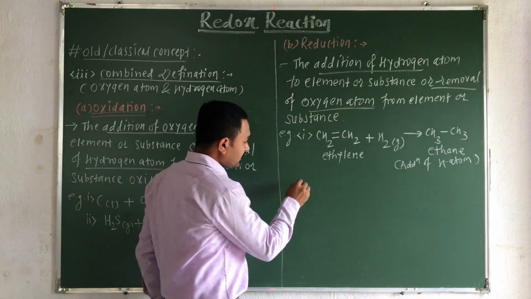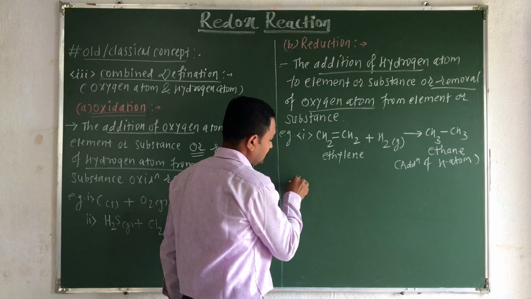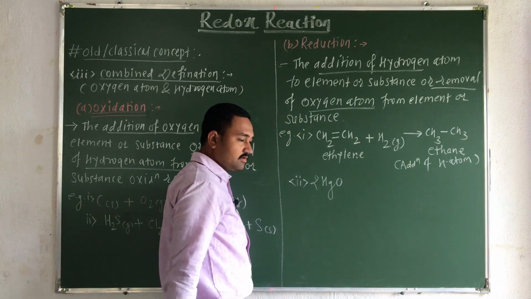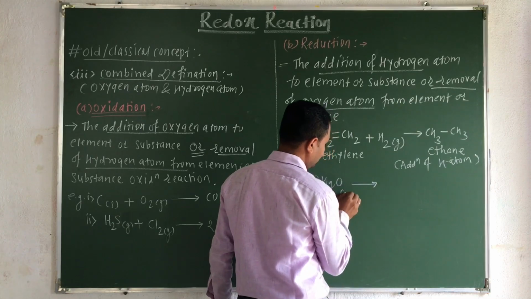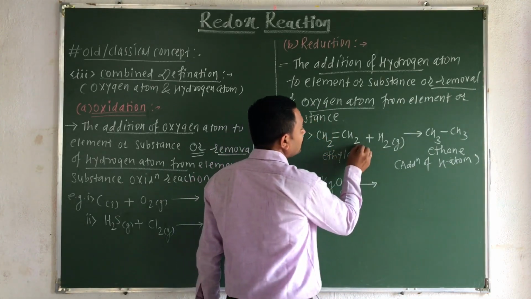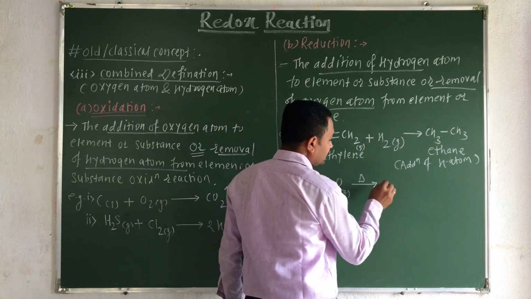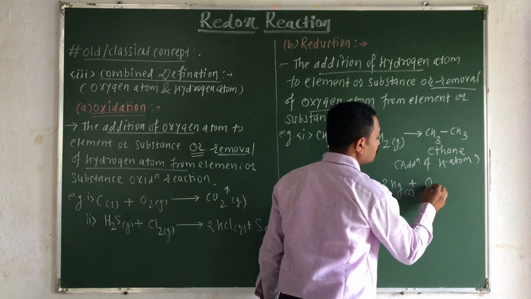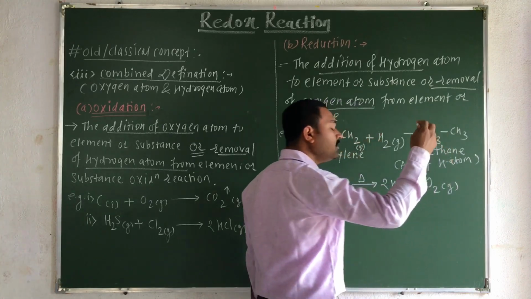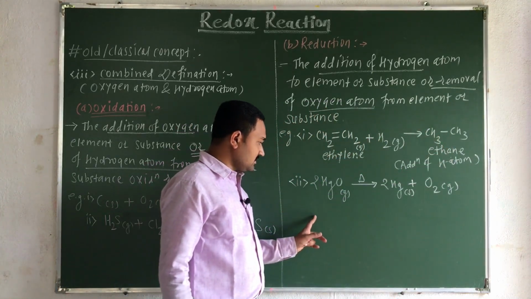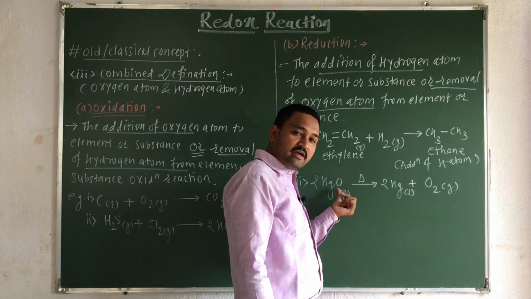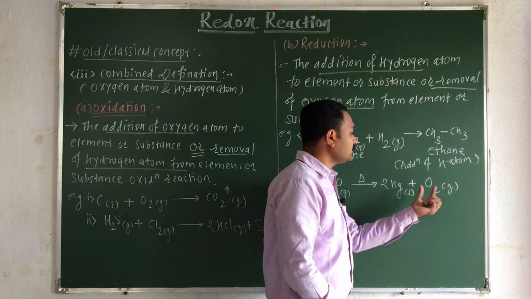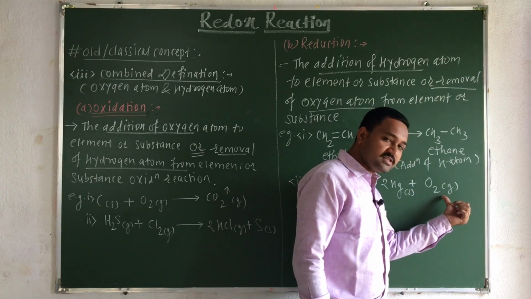Now the second example: 2HgO, that is mercuric oxide, when it is heated, gives 2Hg plus O2. In this example, the oxygen atom is released from the mercuric oxide and there is a removal of oxygen atom.